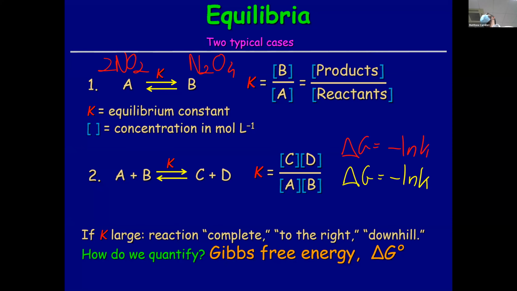No, not there. Well, analytical, this year at university. Okay. So there's a relationship between the Gibbs free energy and the constant. So the bigger the constant, the more negative delta G will be. Okay? The bigger the constant, the more negative delta G will be. And the more negative delta G will be, that means it's going to lie to one side over the other. Okay?